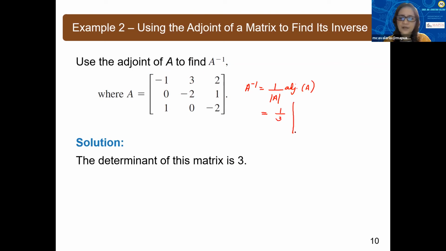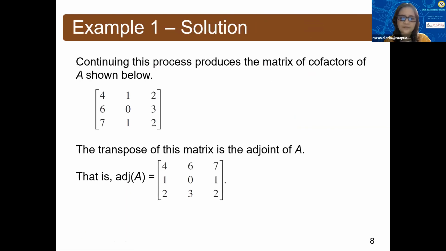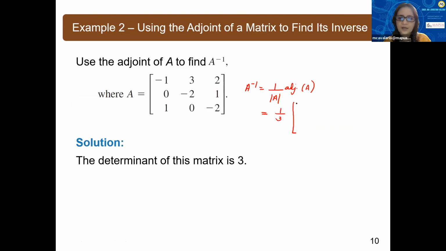And then we will have the adjoint of A, beginning with 4, 6, 7, then 1, 0, 1, and then 2, 3, 2. So the inverse of A is the matrix whose entries are the following.